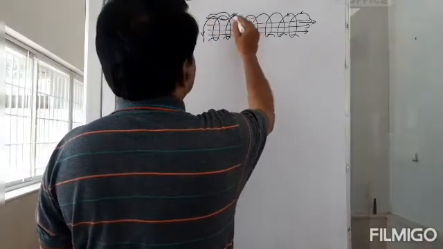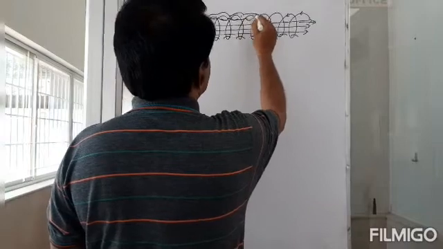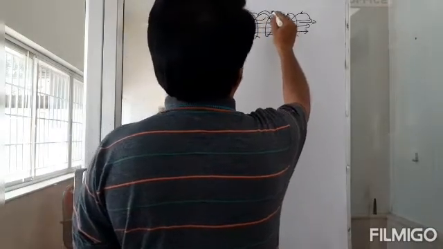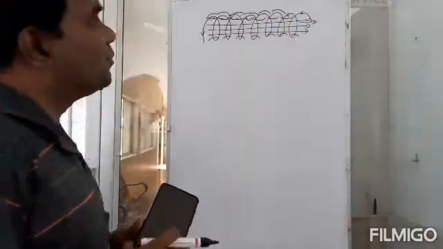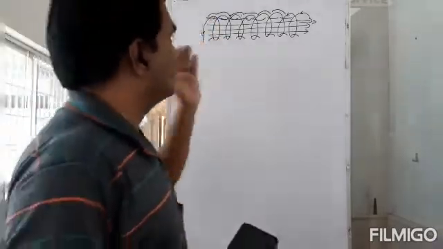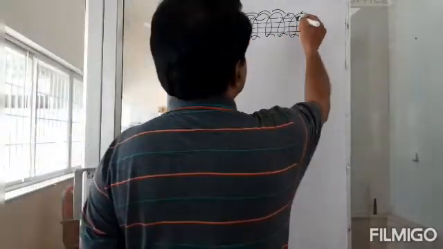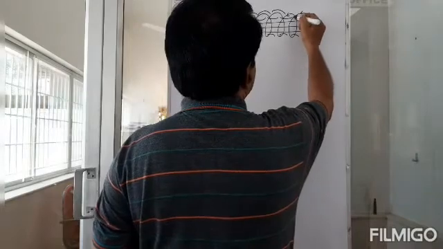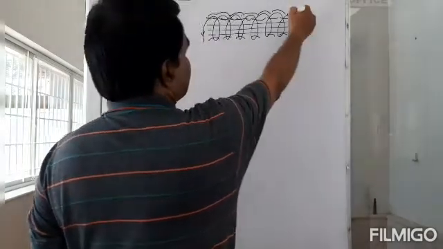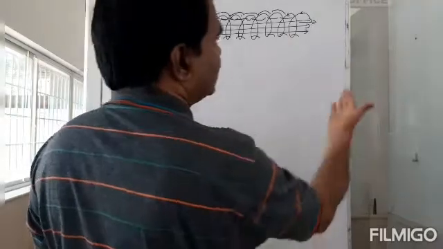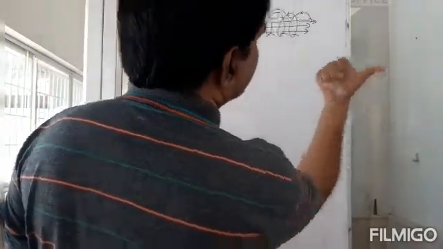Okay, the field will be something like this. The current would be entering here, and then leaving here. It will be like this.